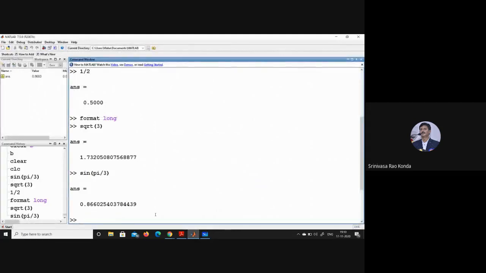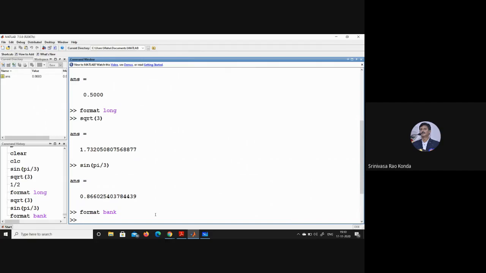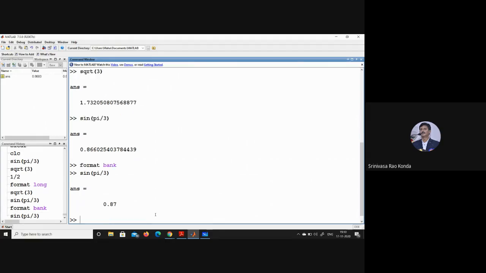For example, I would like to take another format, format bank. You see first. I want to give the same value, sin pi by 3. MATLAB displayed the answer up to 2 decimal places.